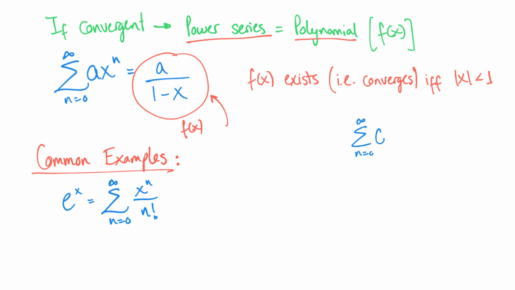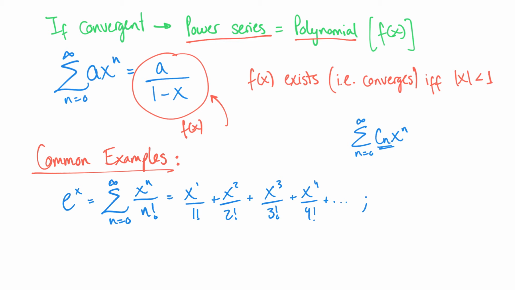So remember that for a power series, we're going to have x to the power of n, and then this c n can be anything. There can be factorials, there can be a polynomial there, a sine, a cosine, just anything. Just a function of n. So then e to the power of x is basically equal to x over 1 factorial plus x squared divided by 2 factorial plus x to the power of 3 divided by 3 factorial plus x to the power of 4 divided by 4 factorial, and so on and so forth.